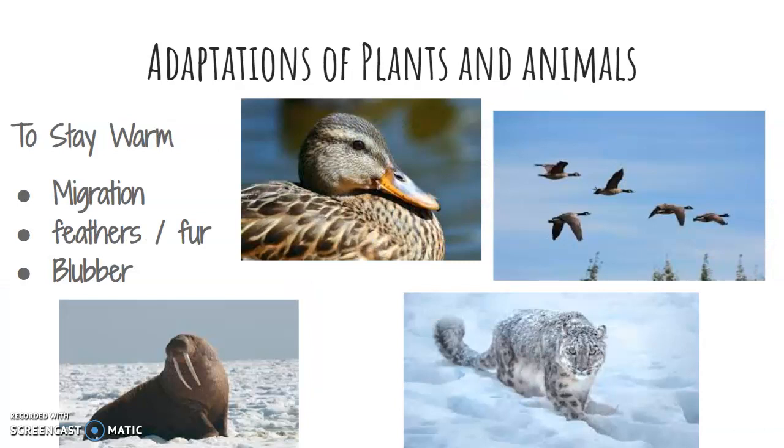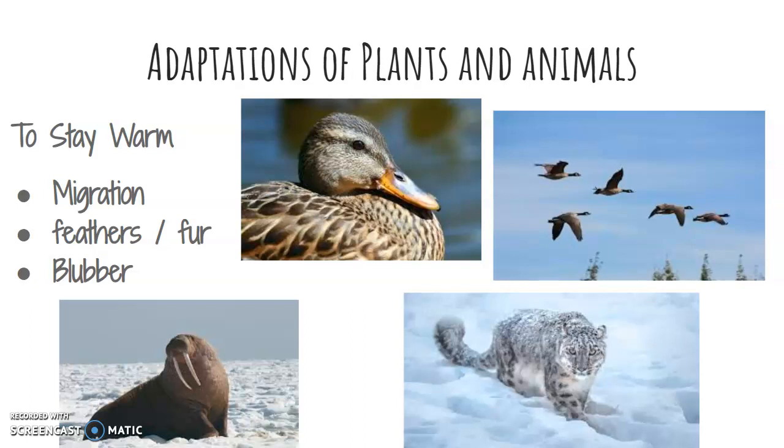Another function would be in order to stay warm. So the structure would be feathers or fur or blubber. And we also know that one thing that animals can do in order to stay warm and how they adapt to their environment would be to migrate. So we have our picture there of our birds that are migrating south for the winter.